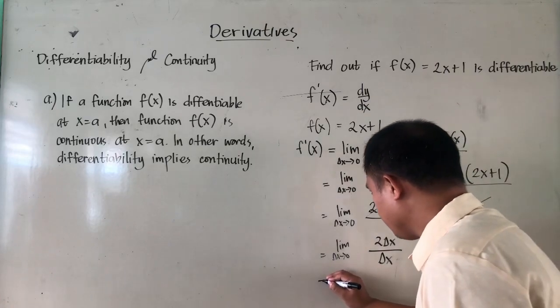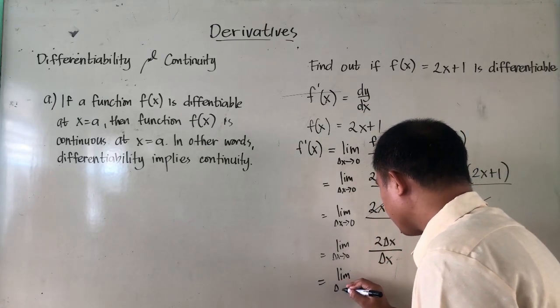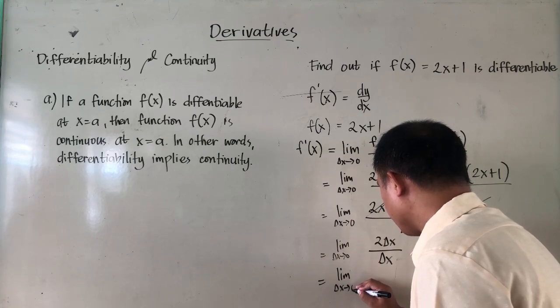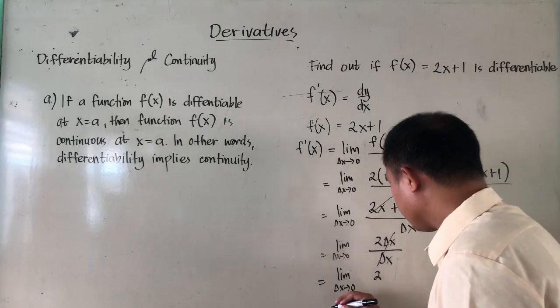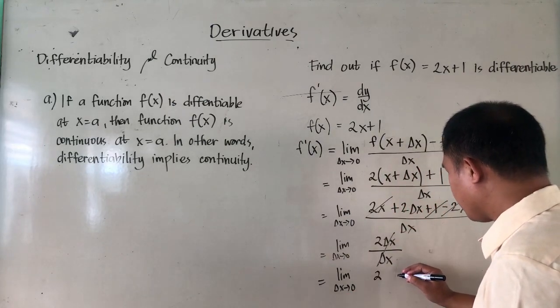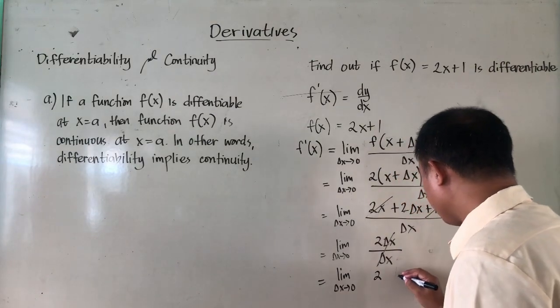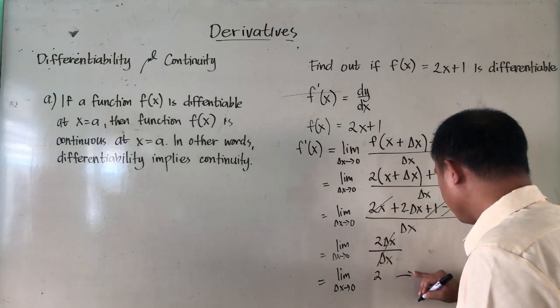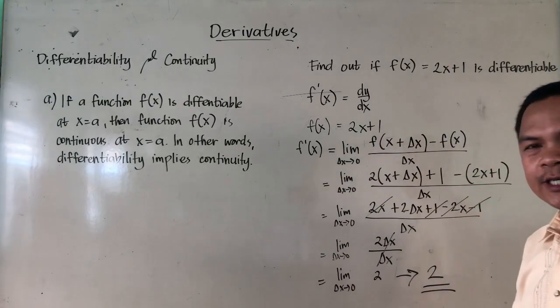Since we have this, with the limit as delta x approaches 0, cancel it out, and the answer will be 2. So, the limit of the given function is 2. That is our answer.